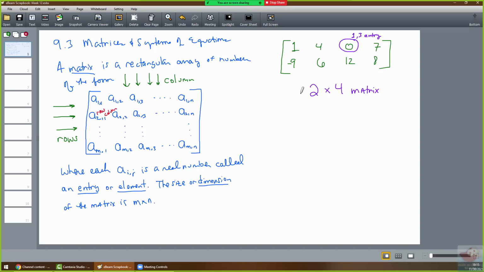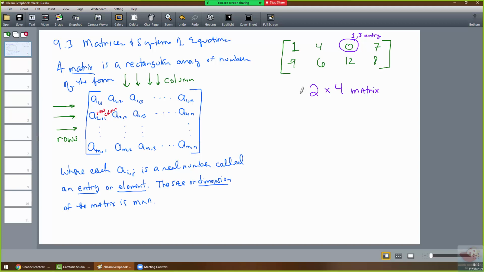So the 2 by 4 tells you the size of the matrix, formerly called the dimension. And then it's always row by column. Okay. Questions?